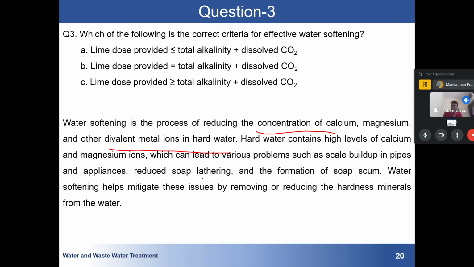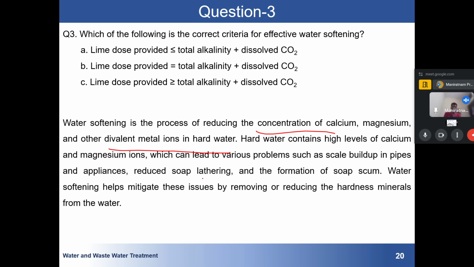And someone can ask why remove hardness: because it is not an economical thing. If the water contains calcium, then with time this calcium precipitates on the water supply pipes, making it non-economical.